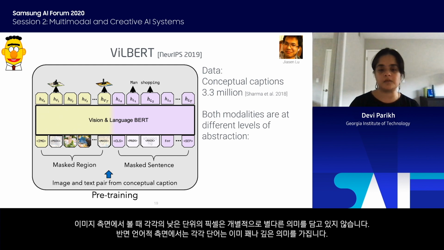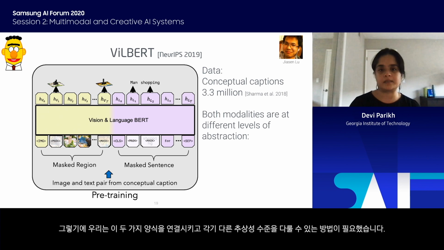So on the vision side, sort of these low-level pixels, each pixel individually doesn't have much semantic meaning. Whereas on the language side, if you look at individual words, each word already is fairly rich in terms of the meaning that it captures. And so we need ways in which to bridge these two modalities and deal with the fact that they can be at two different levels of abstraction.